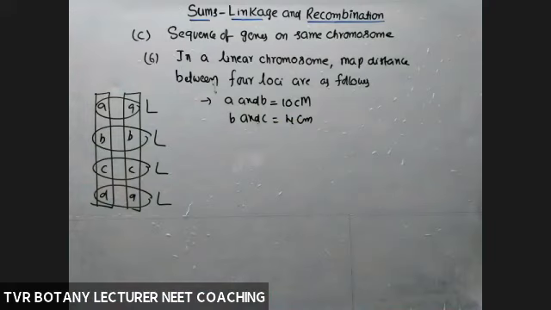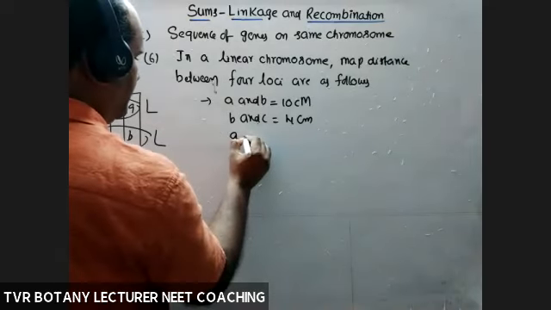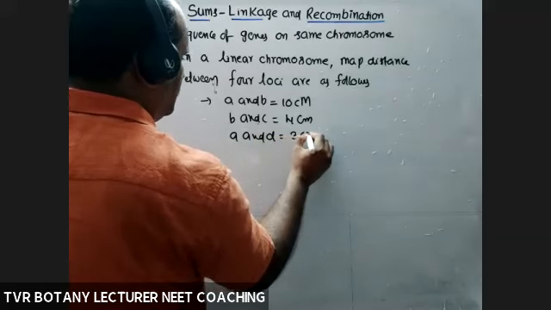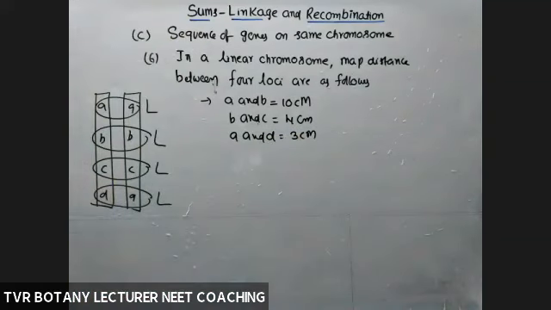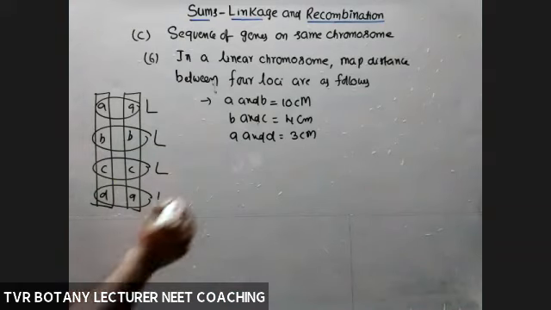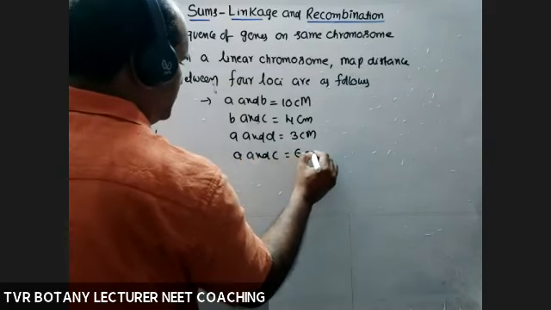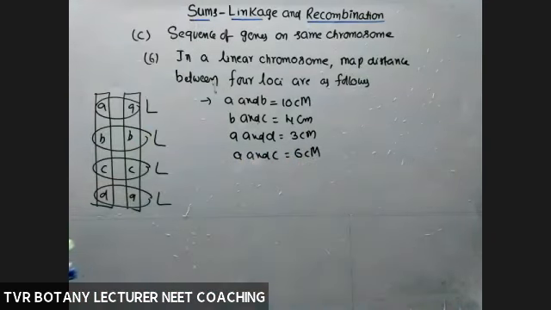Okay. AB 10, BC 4, AD 3. A and D, 3 centimorgan. Always use a capital M. AD 3, AC 6. A and C, 6 centimorgan.